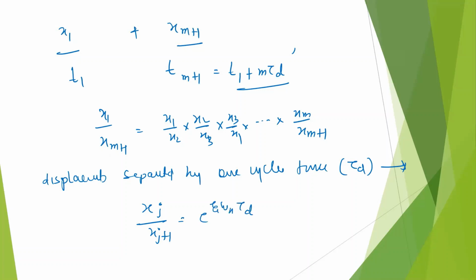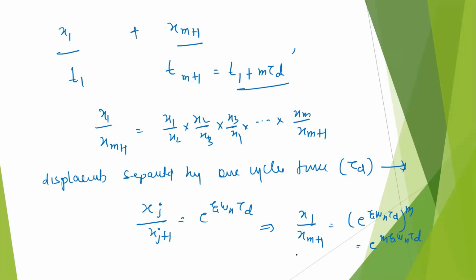So x1 over x(m+1) is written as e raised to the power zeta omega n tau d, multiplied m times, or e raised to the power m zeta omega n tau d.